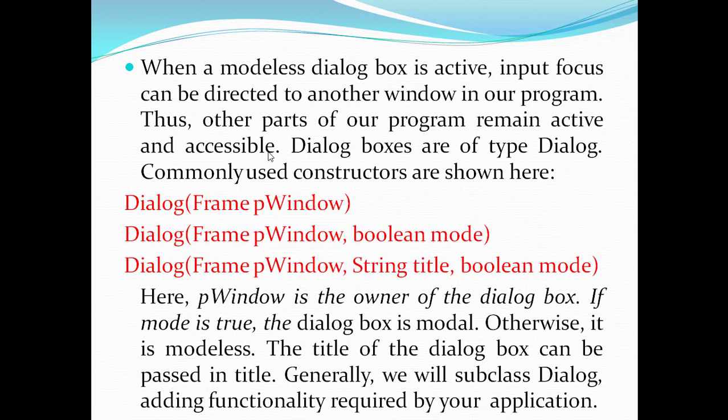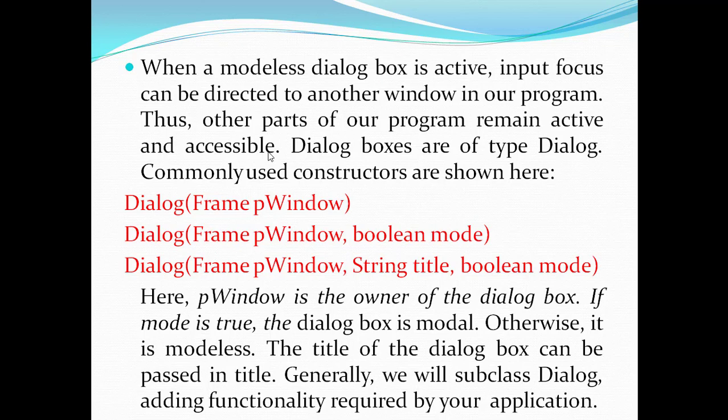First one, Dialog(Frame parentWindow). The first constructor takes the parent window as input, meaning the window for which this dialog box is generated. Second, Dialog(Frame parentWindow, boolean mode).